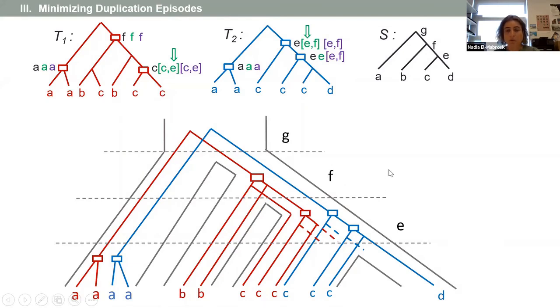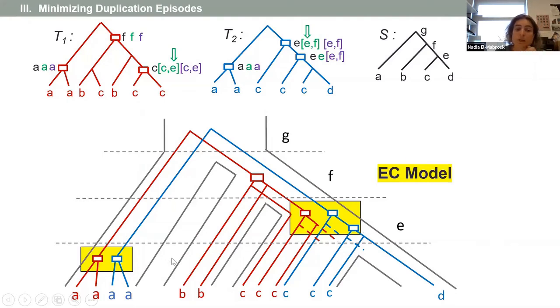So now the episode clustering model leads to these two duplication nodes. All duplication nodes that can be assigned to the same position in the species tree can be clustered together. So we would consider all these as one duplication, and this as one duplication too.